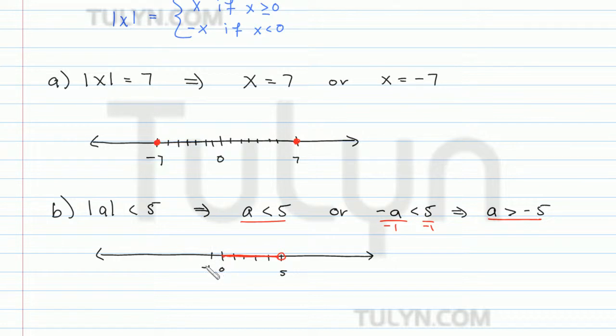So if we move 5 spaces out here to negative 5, we want to draw an open circle since a never reaches negative 5, so it's an open interval. And since a is greater than negative 5, well, negative 4 is greater than negative 5, and so is negative 3, so the line's going to go this way. So the values such that absolute value of a is less than 5 comprise the values between negative 5 and positive 5 on the real number line.